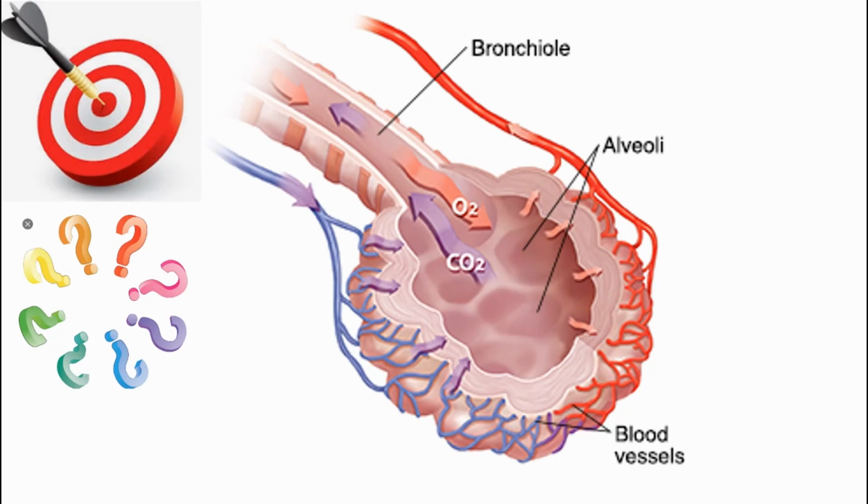The blue ones are the deoxygenated blood coming from the pulmonary arteries, and if you follow the arrows, you can see that there is a gas exchange, and the red vessels are the pulmonary veins.